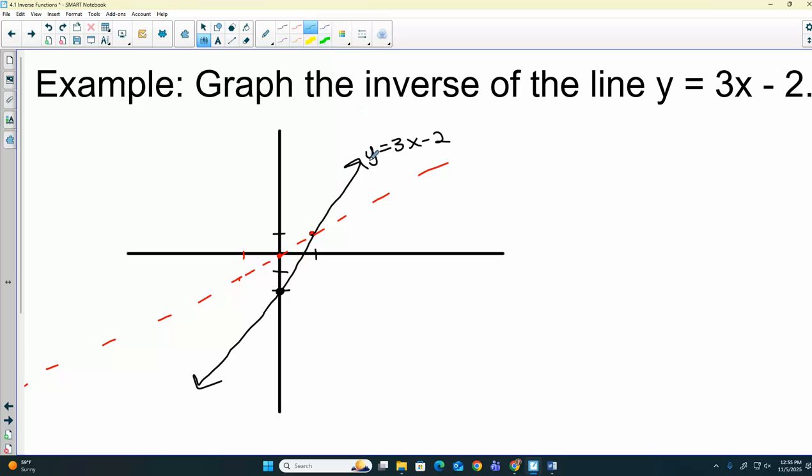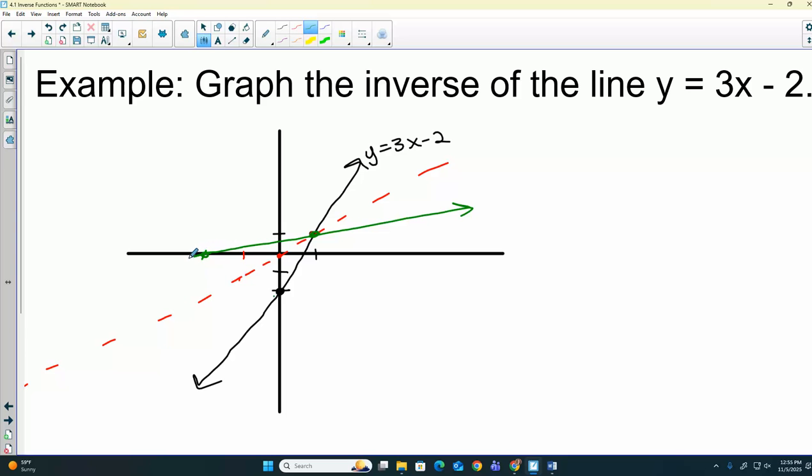If you wanted to check, all you really have to do is get some points. This is the point 1, 1. If I reverse that, what's that point? Still 1, 1. This is the point 0, -2. So what would be my point on the inverse? -2, 0, because we know x and y flip. So now I have 2 points on that one.